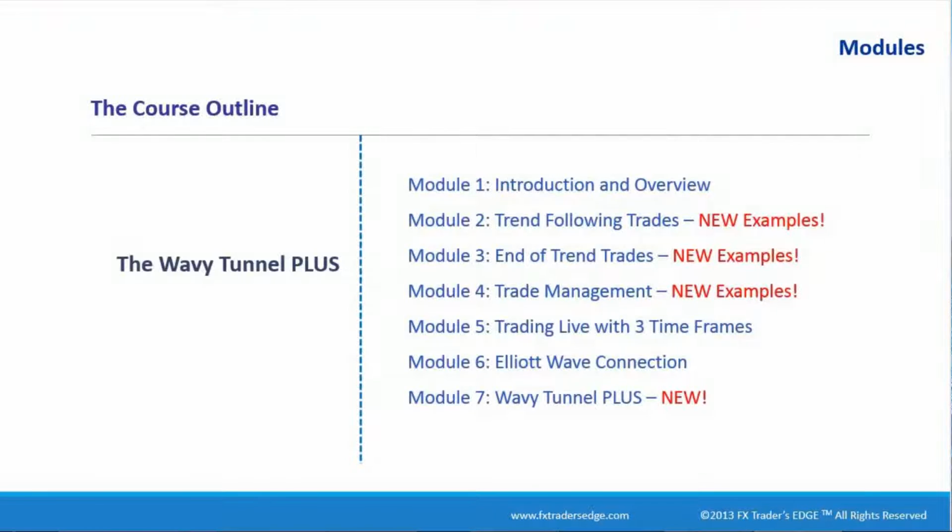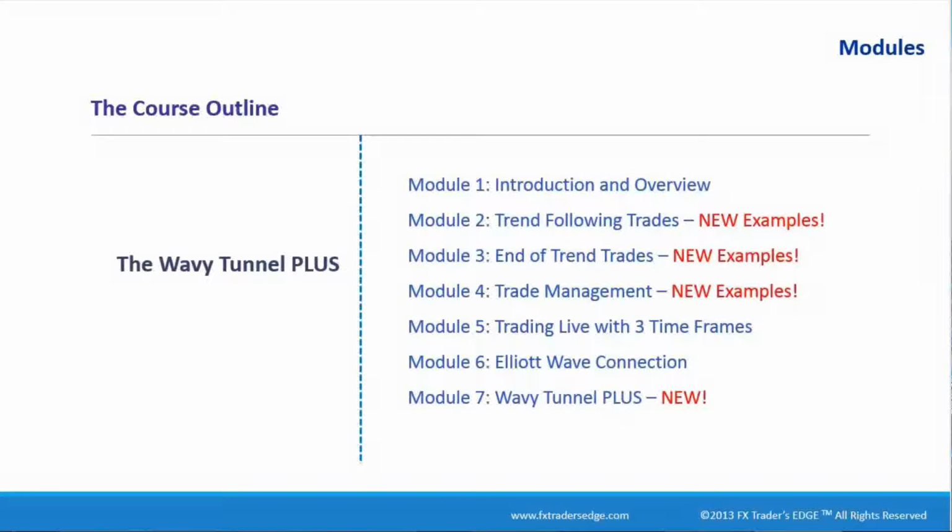Here is the course outline. So far, we've completed modules 1, 2, and 3, and we are currently in Module 4, Trade Management, where we introduce the 3 profiteers, a wonderful way to capture profits without giving back any. And Module 5, Trading Live, where we show you live trading setups with the entries and exits.